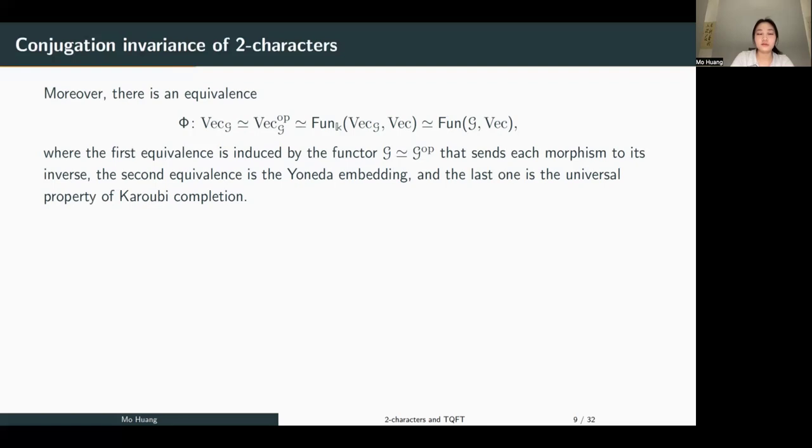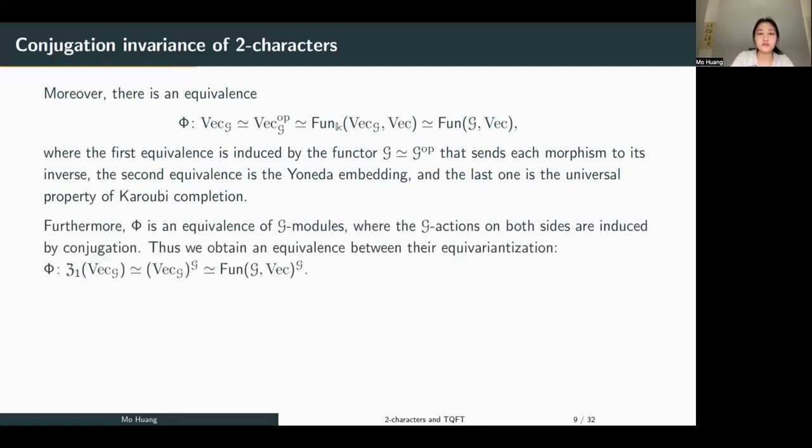The last one is the universal property of Kleisli convolution. Furthermore, phi is an equivalence of G-modules, where the G action on both is induced by conjugation. Thus, we obtain an equivalence between their equivariantizations, phi from the Drinfeld center of Vect^G to the G-equivariantization of this functor category.